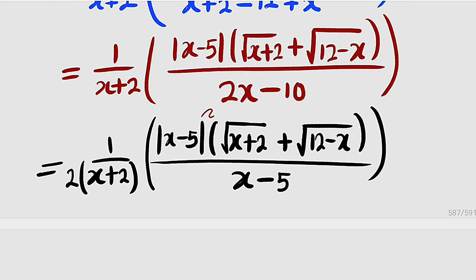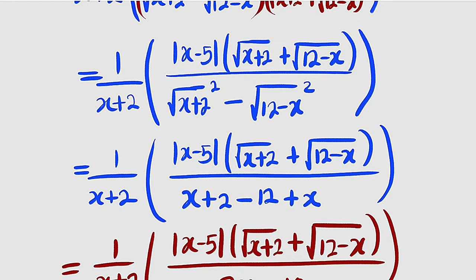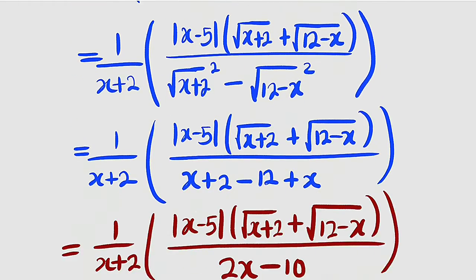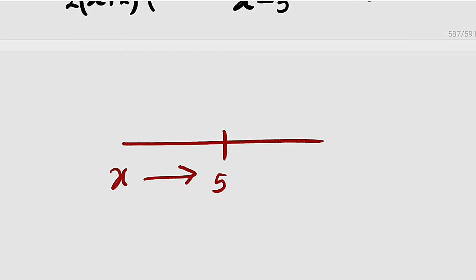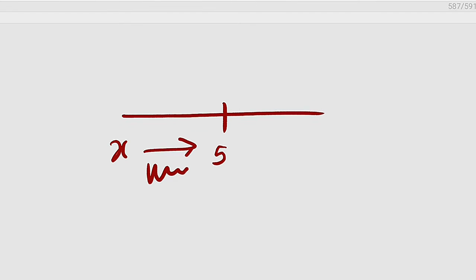But first of all, let us simplify the absolute value of x minus 5. You know, it could be negative or positive, but we don't know. But remember that our limit is approaching 5 from the left hand side. So let us look at it on the number line. If you have a number line here, suppose this is 5. Values of x are approaching 5 from the left hand side, meaning all the values here are less than 5.